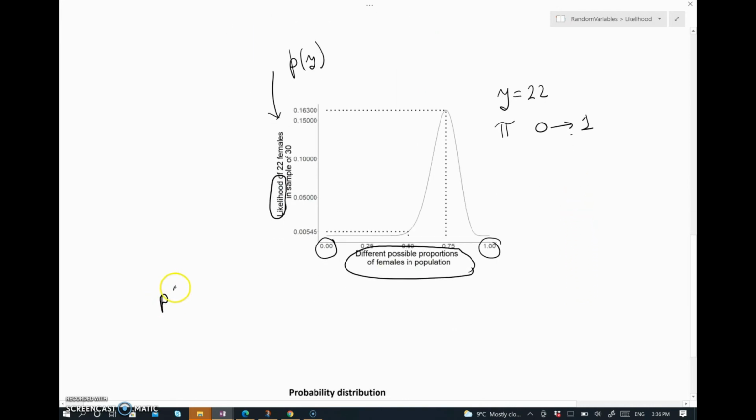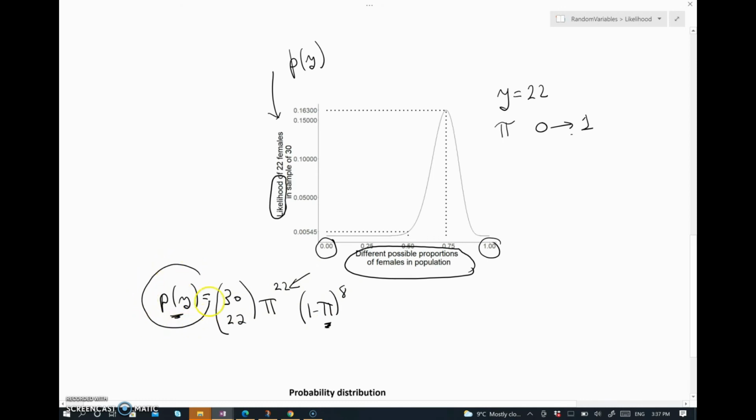We're going to do P at Y equal to 30 choose 22, pi to the 22, 1 minus pi to the 8th. We're holding Y constant, we're changing pi, and we're getting this thing.